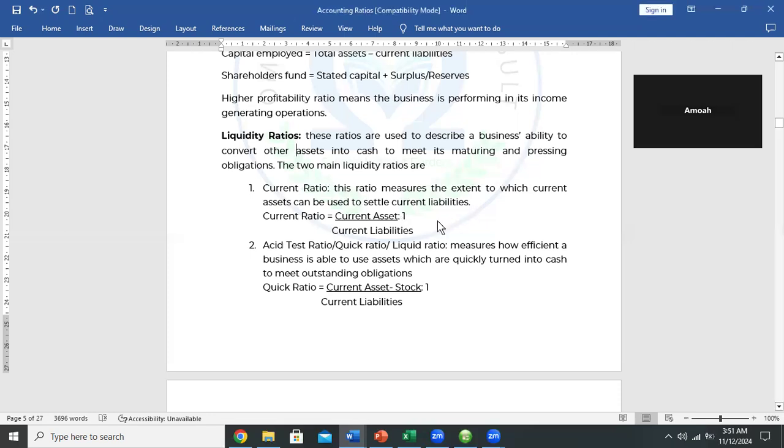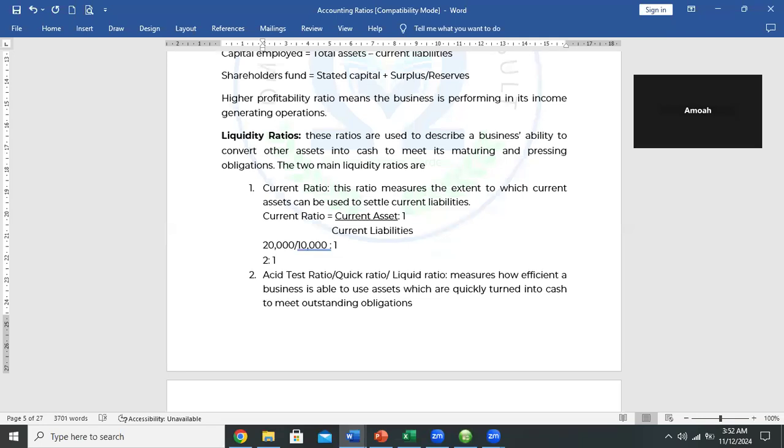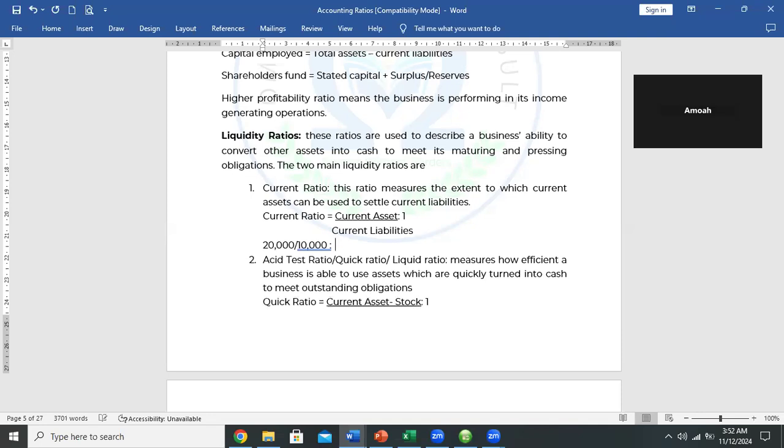Imagine if your current assets are 20,000 and your current liabilities are 10,000. You do the division and you compare to 1. So at the end of the day, you are going to arrive at something like 2:1 as your answer. That's how we do the computation. Now, we compare to 1 because there's a rationale behind it.